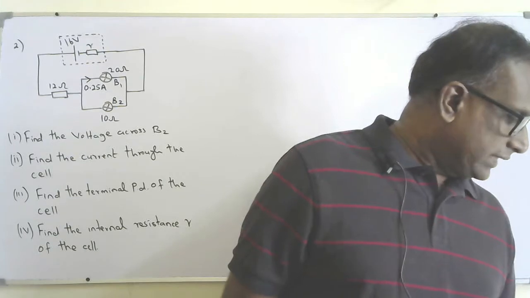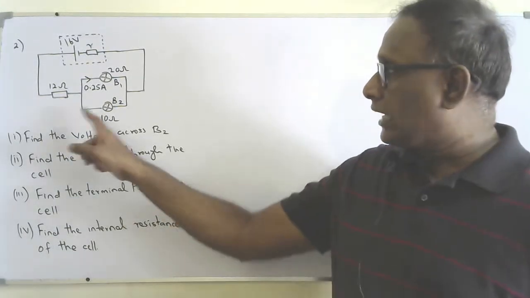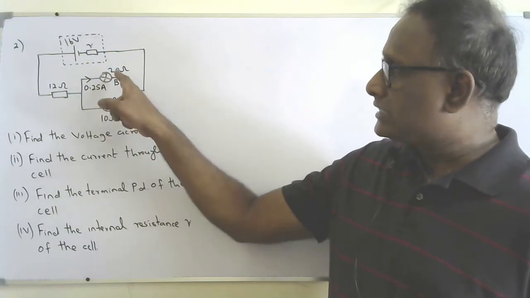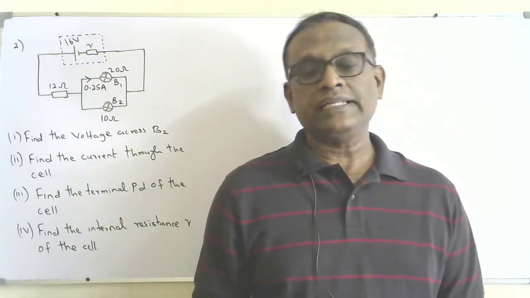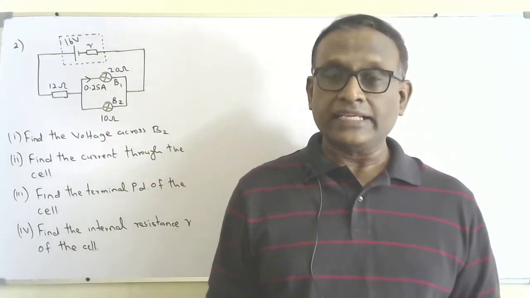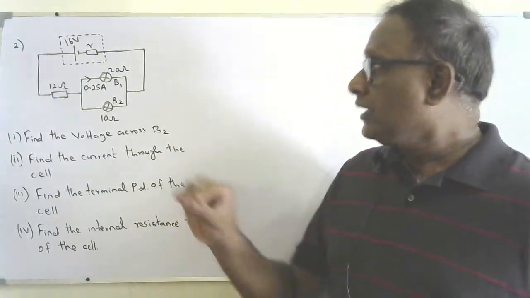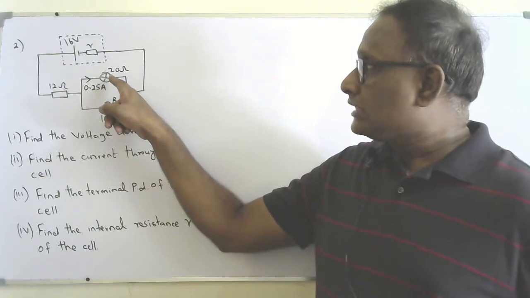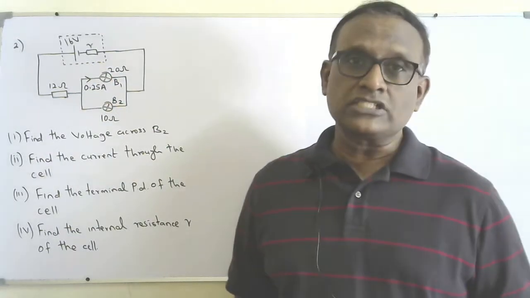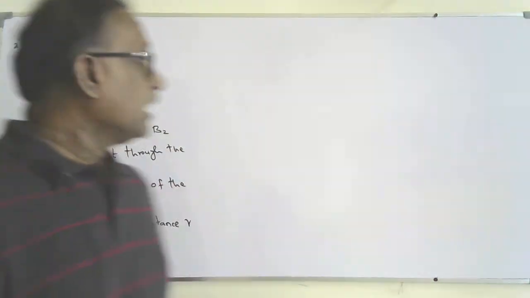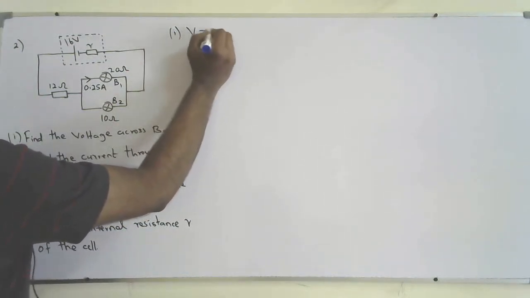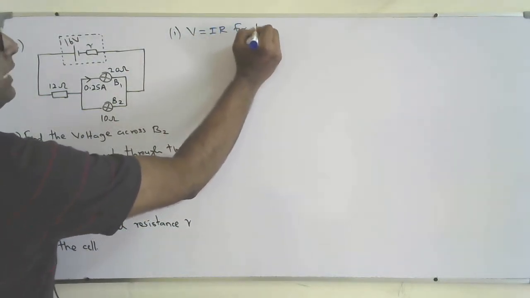To find the voltage across B2, I don't know the current through B2, but I know the current through B1. I know the resistance of B1. So I can find the voltage across B1 by using V equal IR for the bulb B1. Then B1 and B2 are in parallel, so the voltage across B1 will be equal to the voltage across B2. I can use V equal IR for B1.